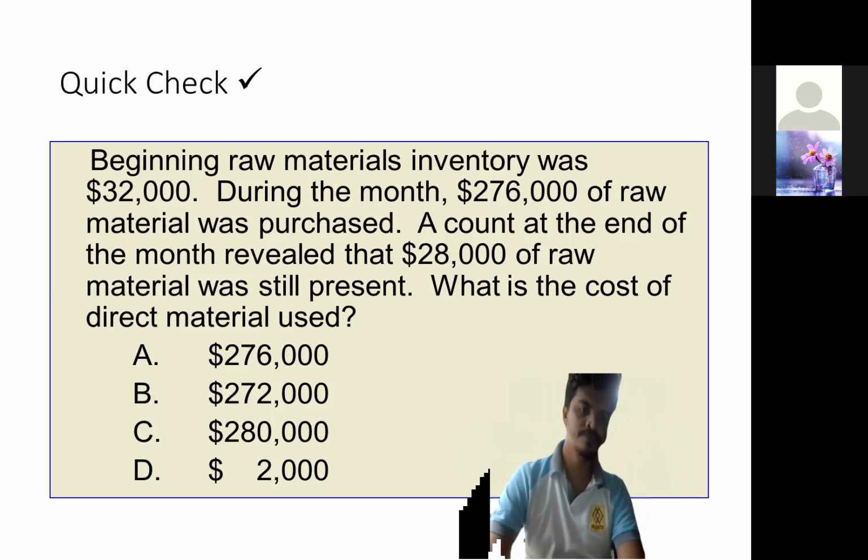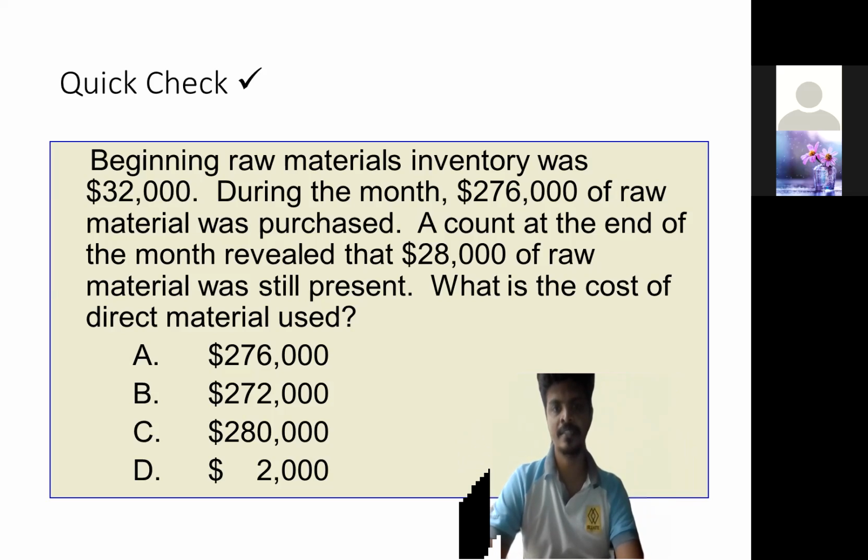Account at the end of the month revealed that 28,000 of raw material was still present. What is the cost of direct material used? Tell me the answer.